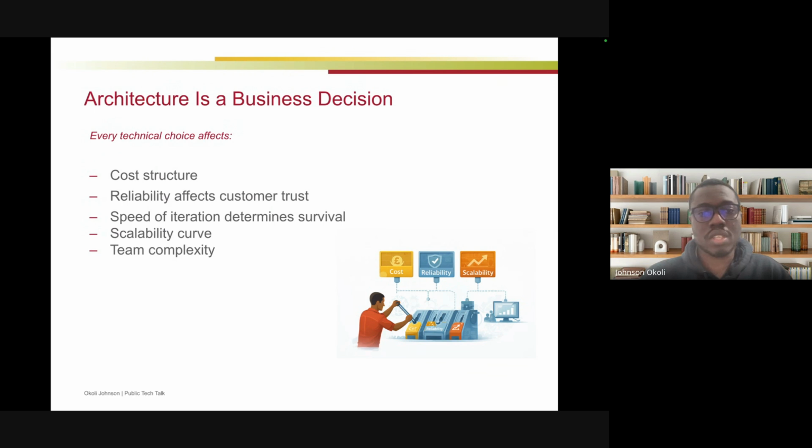So all those things can actually change the customer's perception of your software.